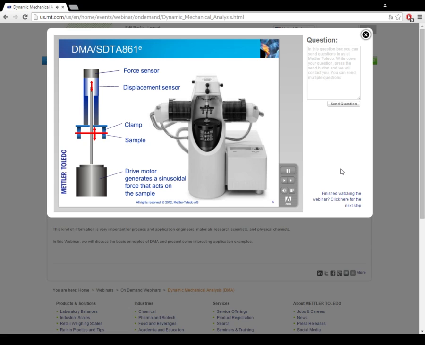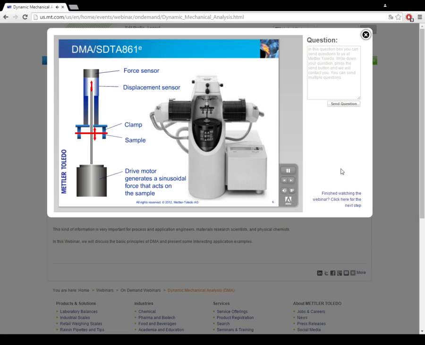The measurement system is shown schematically in the diagram on the left. It consists of a motor that generates a dynamic force in the frequency range 1 mHz to 1 kHz. The force is applied to the sample loaded in the clamp or sample holder by means of a drive shaft. The force sensor measures the force applied to the sample, and the displacement sensor the deformation of the sample.